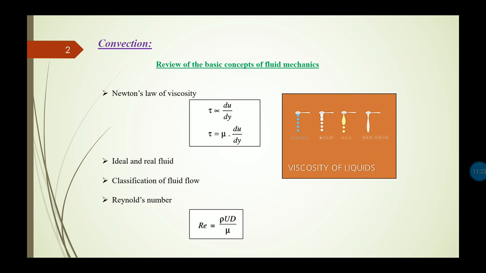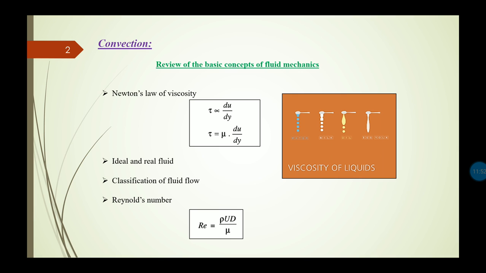And what happens in case of a real fluid? A real fluid is one which has viscosity, surface tension and compressibility in addition to the density. So this is the basic difference between the ideal and real fluid. The ideal fluid is considered to have no viscosity, or in real life very low viscosity, but a real fluid experiences a significant amount of viscosity.